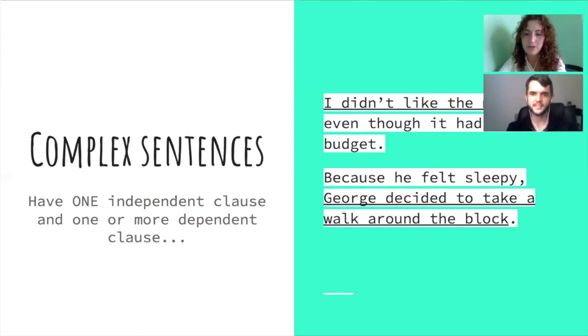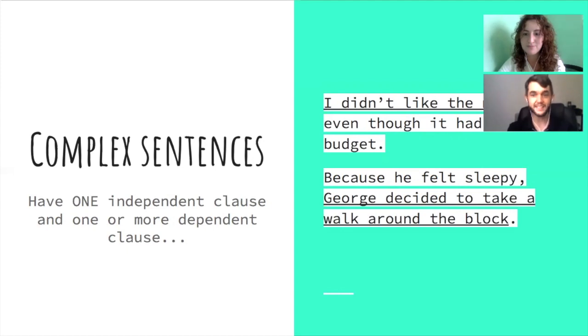The first sentence, I didn't like the movie, even though it had a high budget. We see that the first part of the sentence is the independent clause, I didn't like the movie. And the second part of the sentence, even though it had a high budget, is the dependent clause.